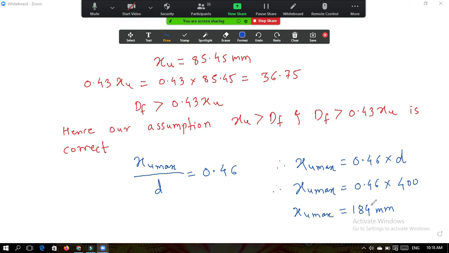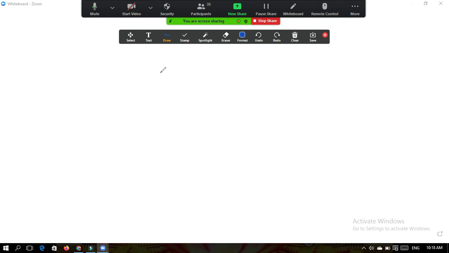I will erase the board. Here compare the values of xu and xu max. Your xu was 85.45 and your xu max is 184. So xu is less than xu max.